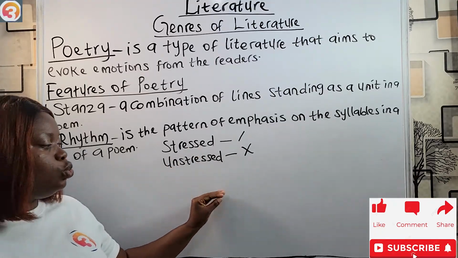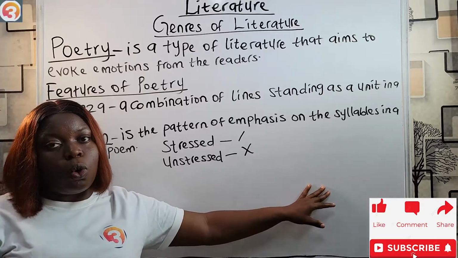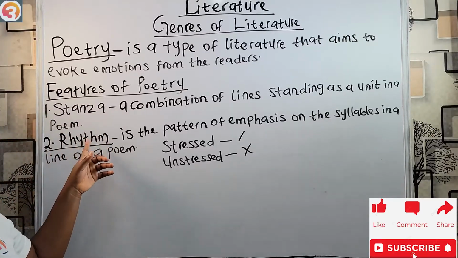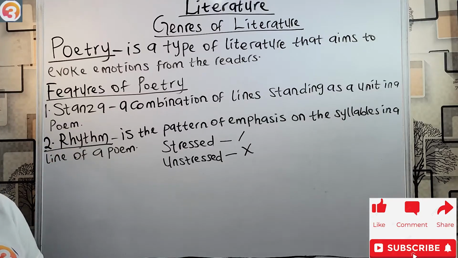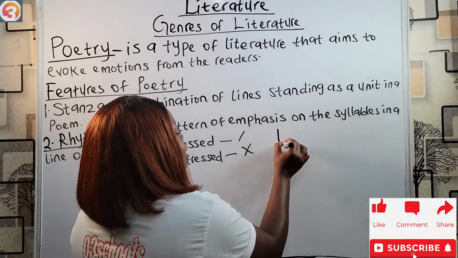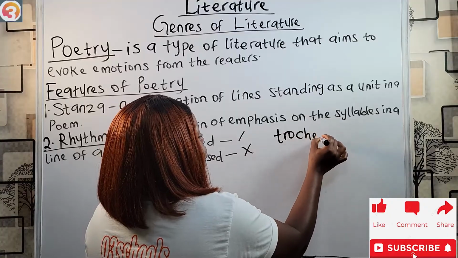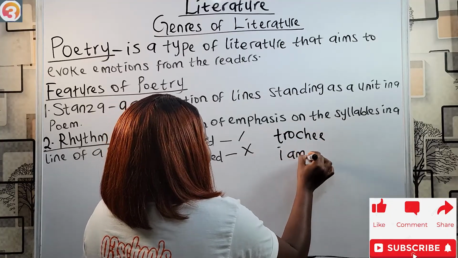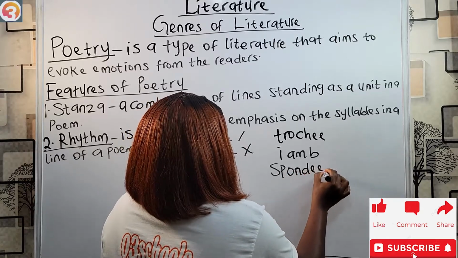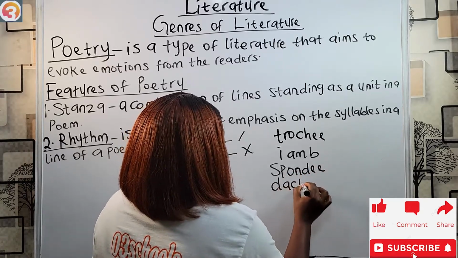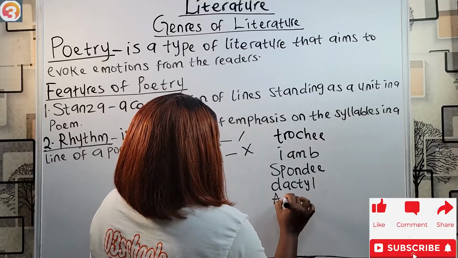So the pattern in which these syllables occur in a particular line of a poem, we refer to it as rhythm. And in poetry, there are five major rhythms that we have. That's the trochee, iamb, spondee, dactyl, and anapest.